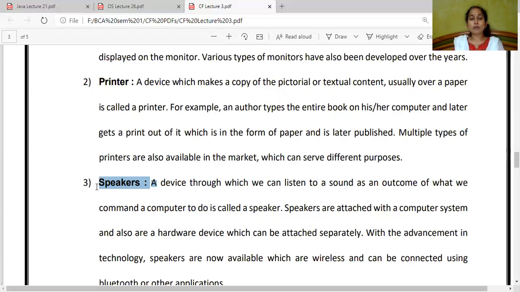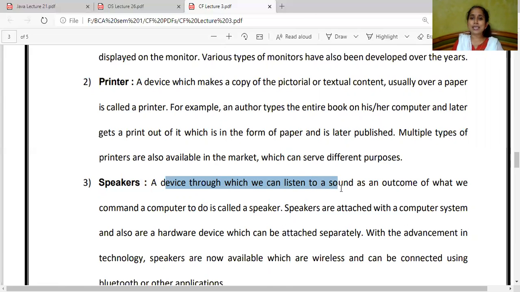We use speakers to have that cinema-like experience at home, or when we are attending a video conference or an online lecture series. Right now, I'm using these earbuds, you can see. I'm using the speakers and the mic to record my voice and to have a clear output in the form of audio. So speakers are also a category of output device.